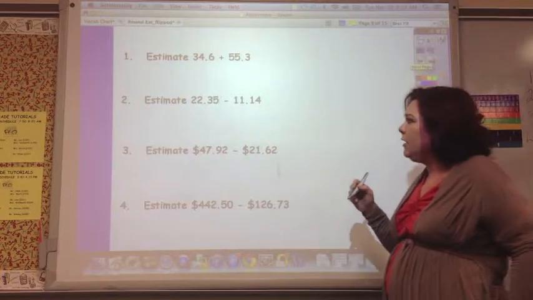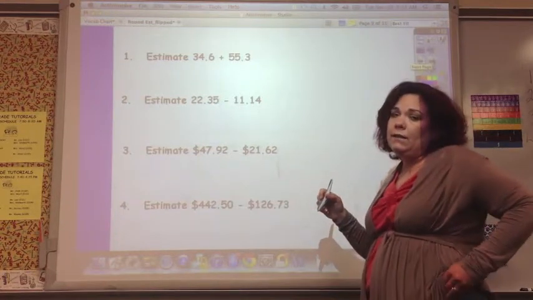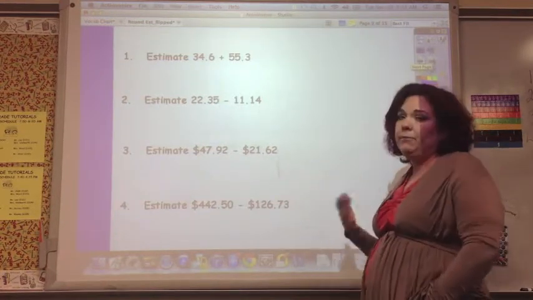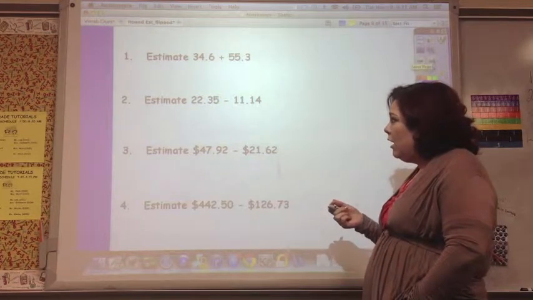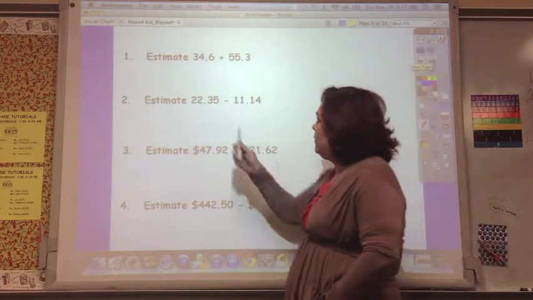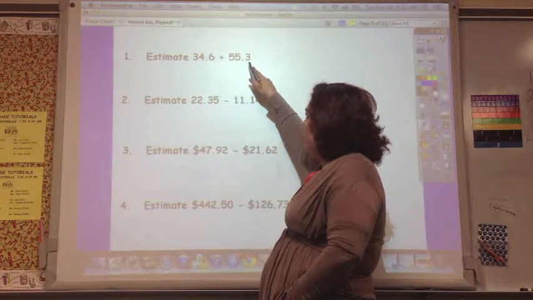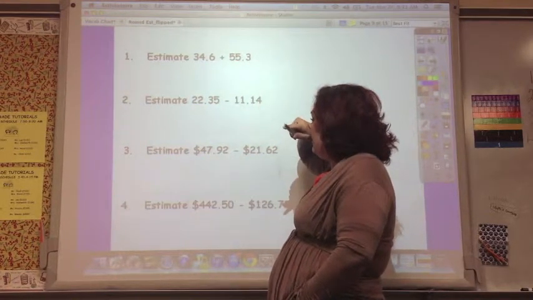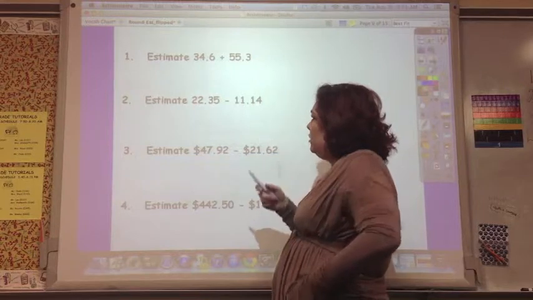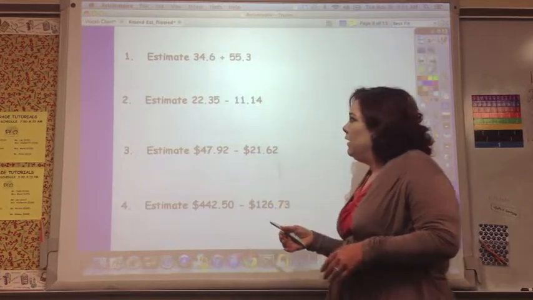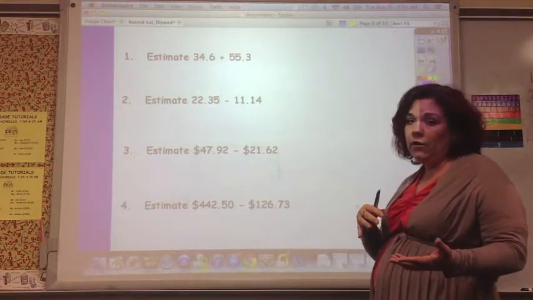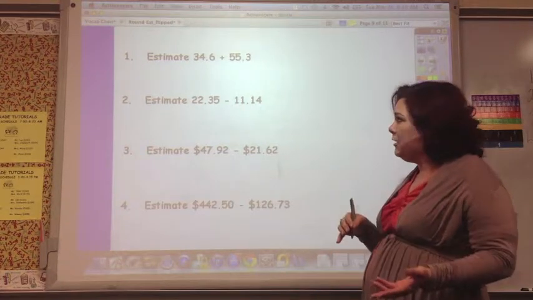Okay, so now we're going to look at estimating. And this really comes into play whenever you're looking at money. If you were to estimate $34.60 and $55.30, you could go to the nearest dollar or to the nearest $10.